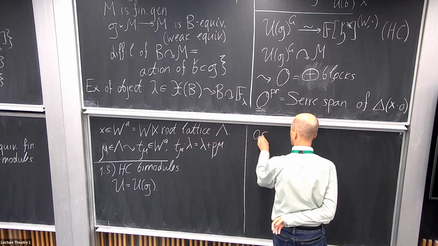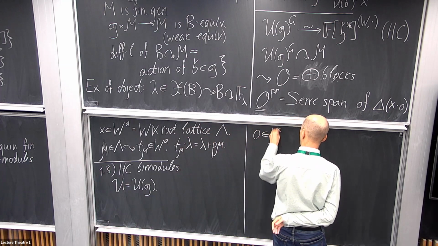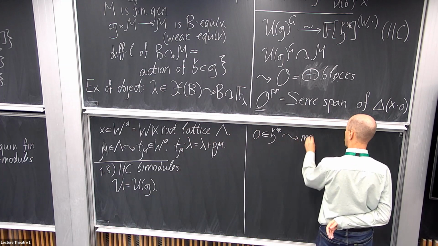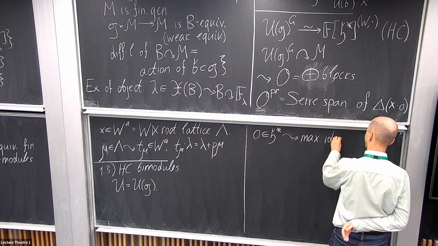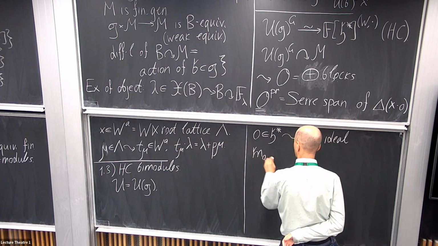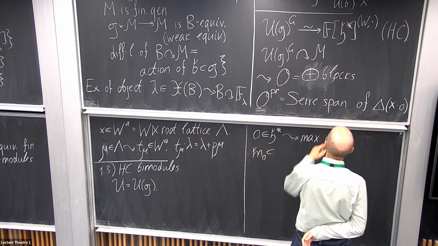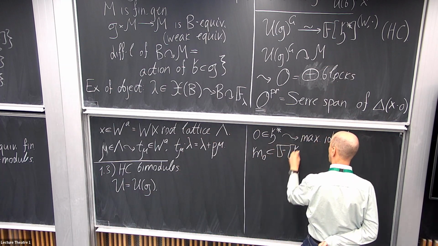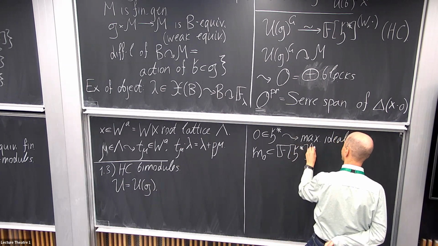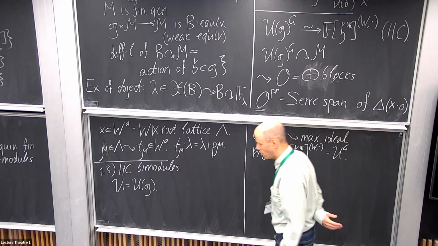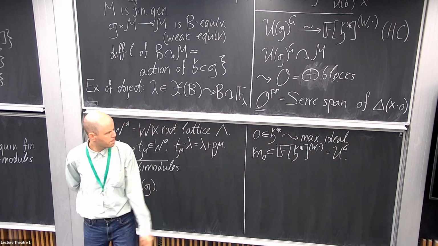Let me write it here. So I take 0 inside of H dual, and I consider the corresponding maximal ideal M0 inside of this ring of W invariants, which is also the same as the G invariants in the universal enveloping algebra.